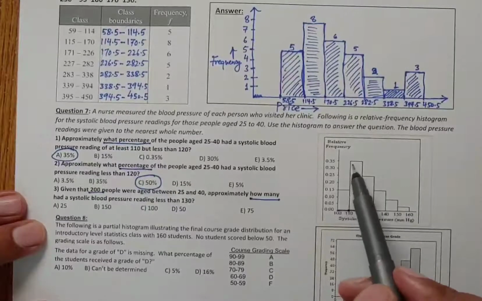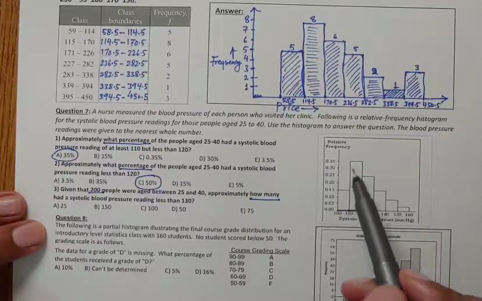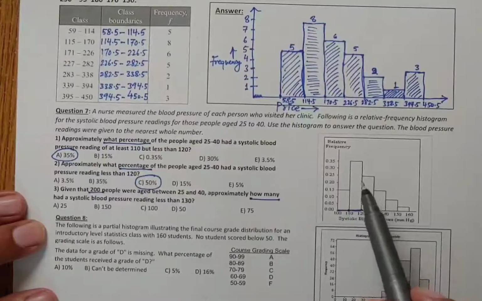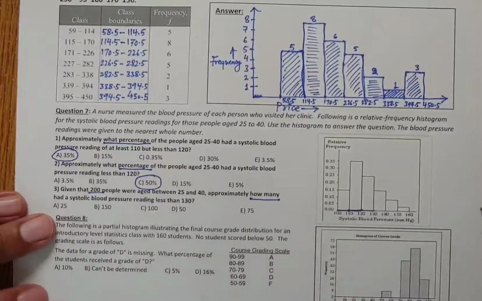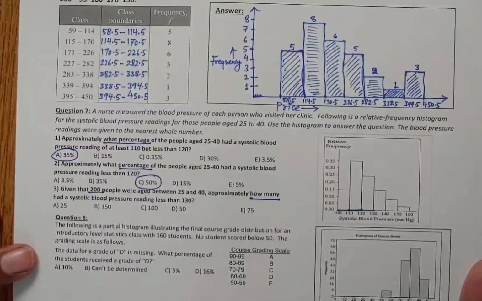So 0.15, 0.35 and 0.25. So 15 and 35 is 50, 50 and 25 is 0.75. But 0.75 can't be the number, right? Because it says how many. The number of people is not 0.75 people. So we need to do something to find out the total number of people.